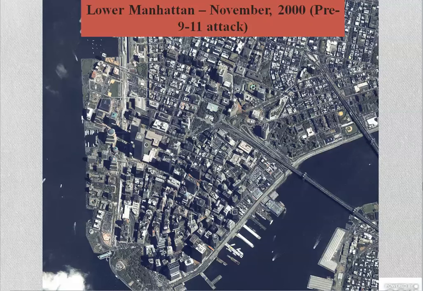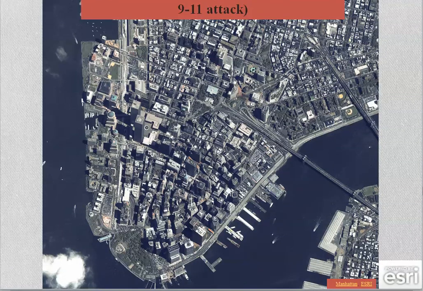Now, when it comes to community safety and hazards management, everybody knows what happened during 9/11. It was towards the southern half of Manhattan Island that the World Trade Center Towers 1 and 2 existed.